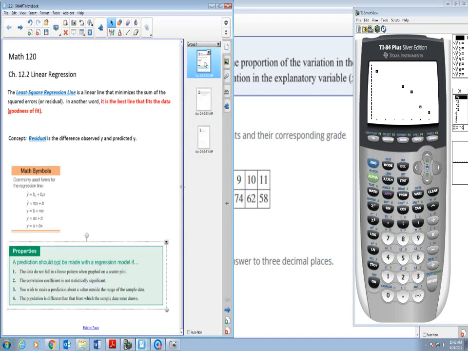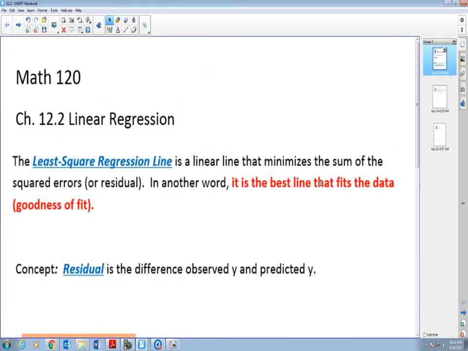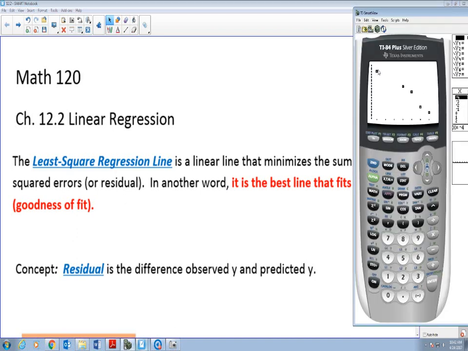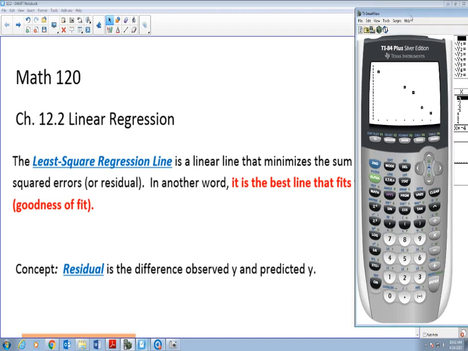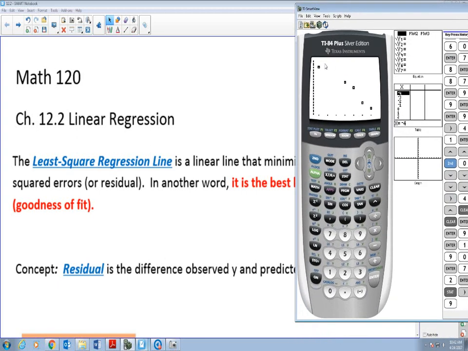The line I keep talking about is called linear regression. The least squares regression line, or the linear regression, refers to a linear line that will minimize the sum of the square errors, or residuals. In other words, there's going to be a line going through here. It will be the best line that fits the data.